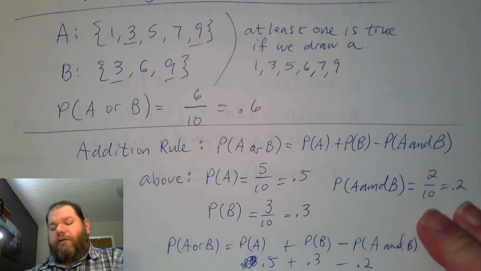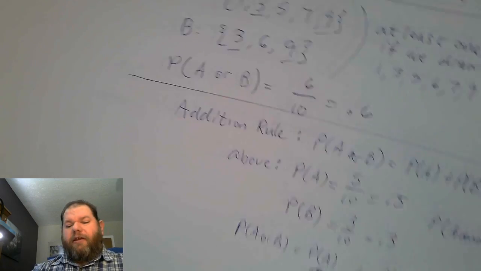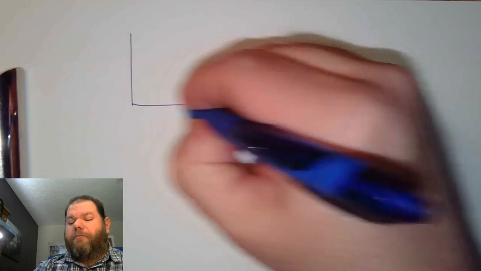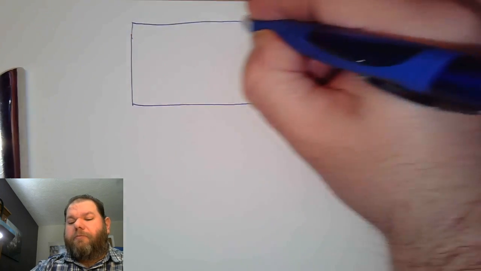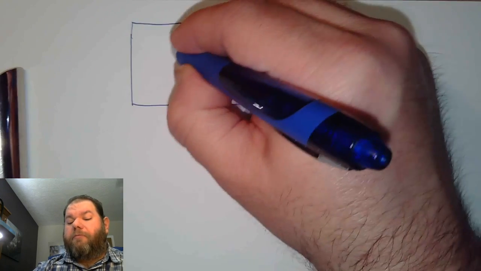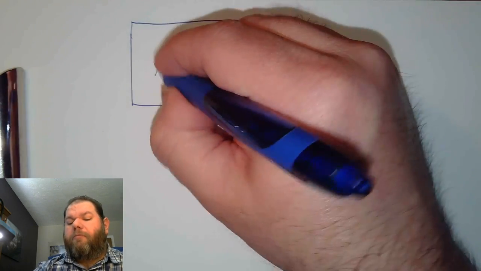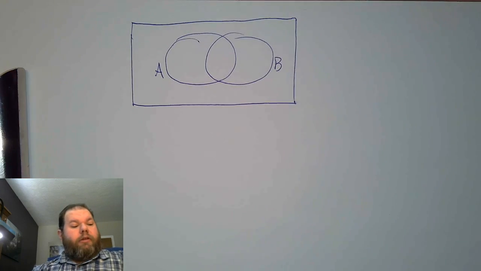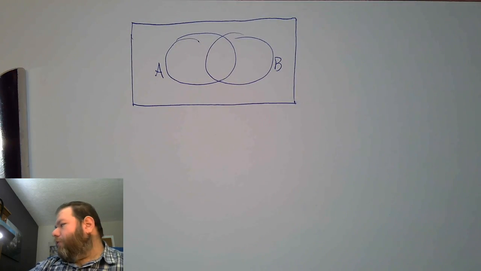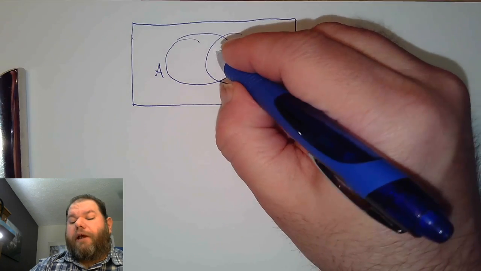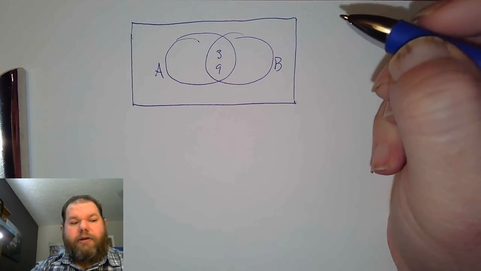Maybe a better way, and it's not often that we get to say this in math, maybe a better way to explain this would be to show a Venn diagram. Alright, so whenever we create a Venn diagram, we put the overlap in the middle, which is 3 and 9.